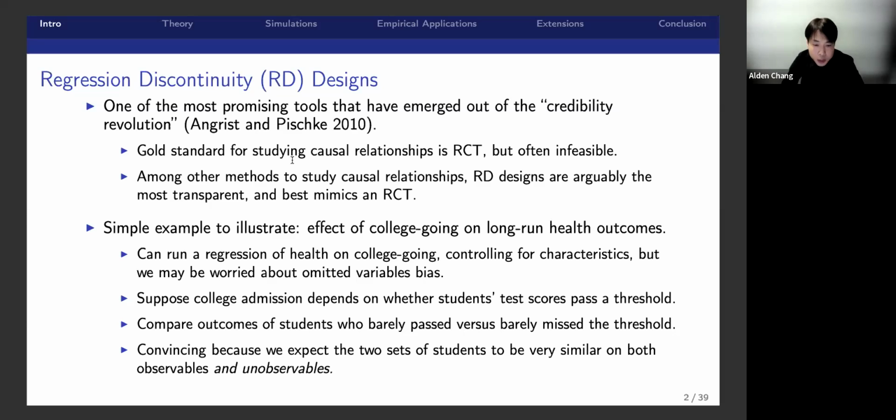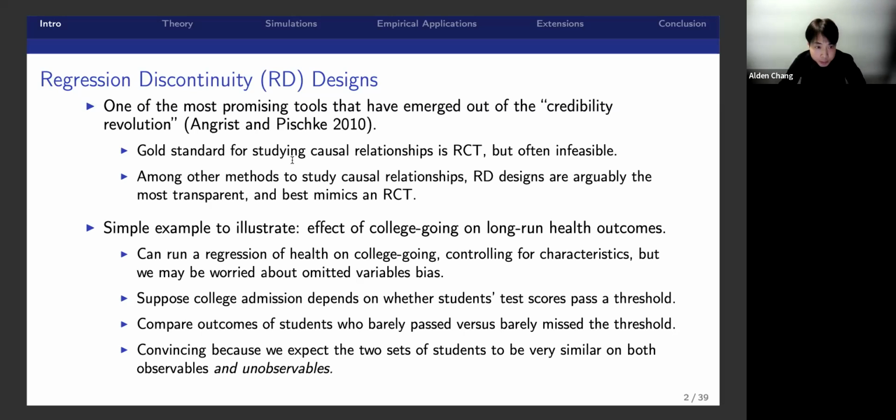As an example of how RD designs work, suppose we are interested in studying the effects of college going on long-run health outcomes. Now, we can run a regression of health on college going, controlling for a bunch of characteristics, but we may still be worried about omitted variables bias. Now, suppose that there is a college admissions exam and students are admitted into college if and only if their test scores pass a threshold.